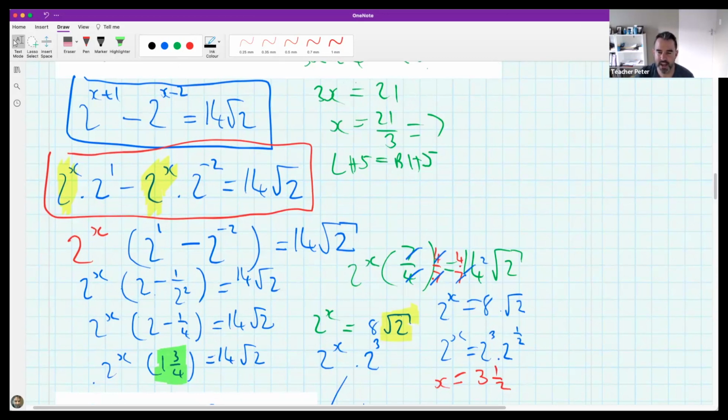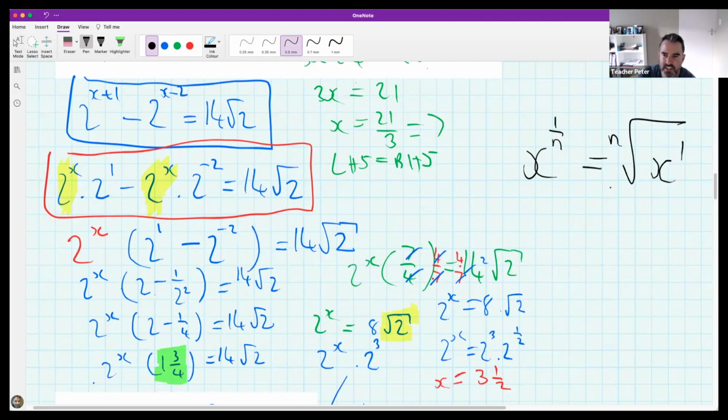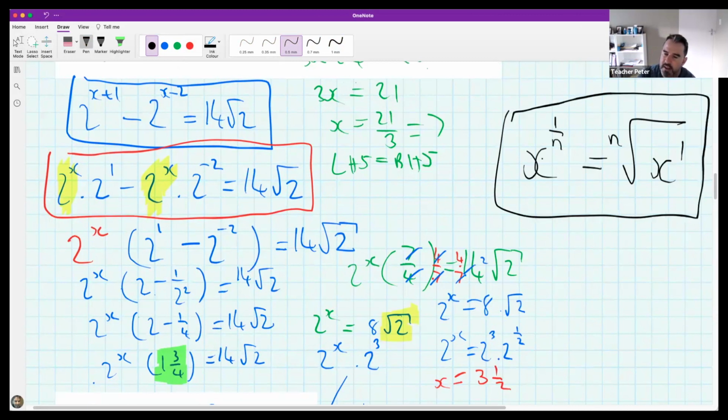Hi, sir. Okay. So I just wanted to ask how you went from square root 2 to the power of a half. Okay. There is a law which says, so I don't know if you've seen that law before, but there's a law that says it converts between powers and surds, or another way of seeing this law is to see it as like that.